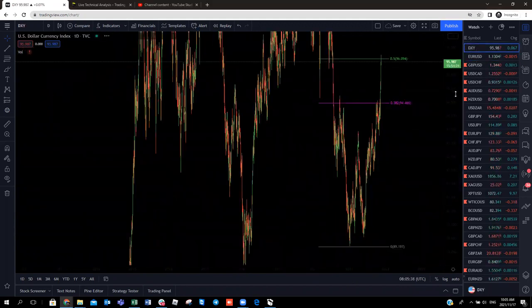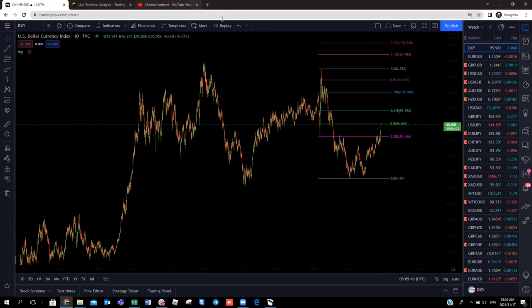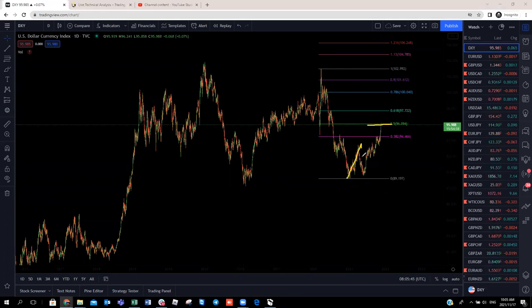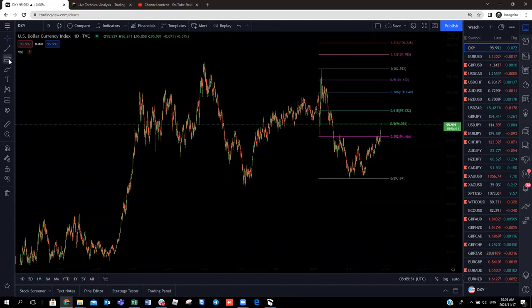And the DXY accordingly has also done the same thing, currently at 50%. With this move that we are going to invalidate here, let's have a look here. In that move, we are at 50%, and if we're getting a reaction to the downside, it's going to be a pullback. So let's put up the blue box that we were projecting there.